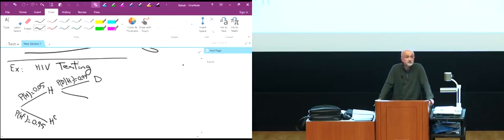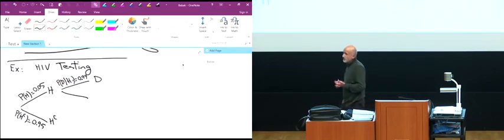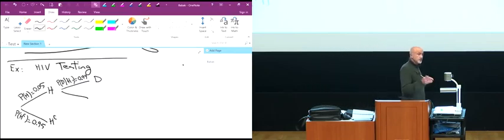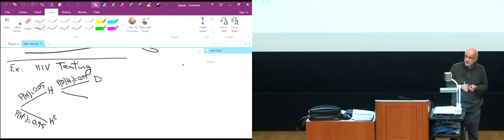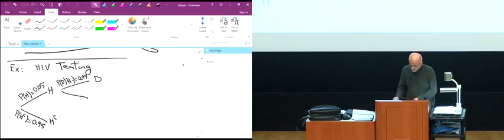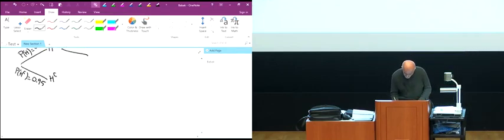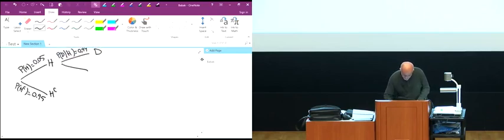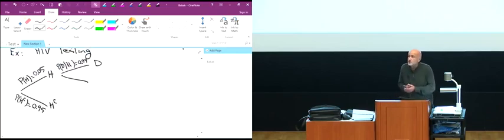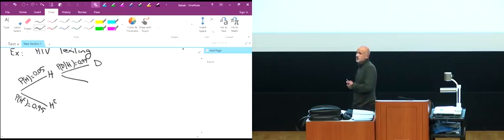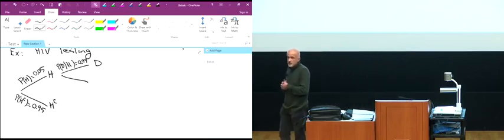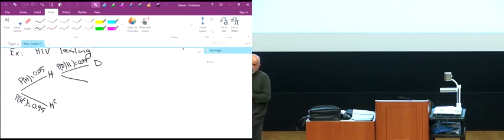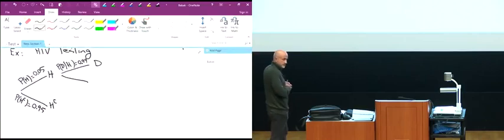Are we all here? So we're learning a bunch of things all together. I'm drawing an experiment. We're learning how to label these branches. And ultimately, we want to answer the following question. Given that a test has declared a person as HIV infected, what is the likelihood that that person is actually infected?